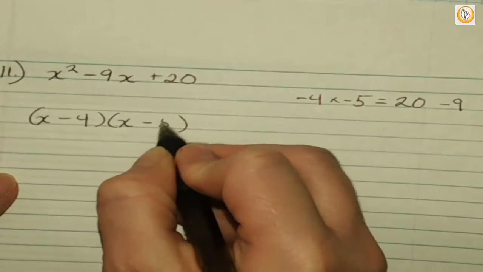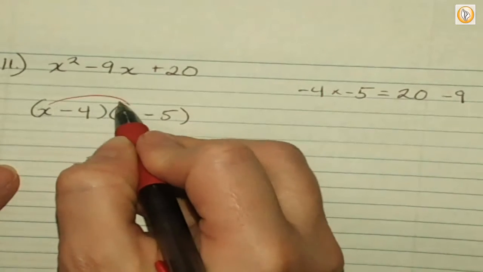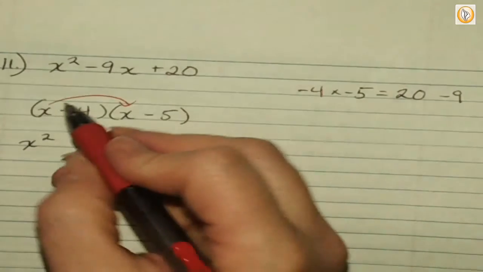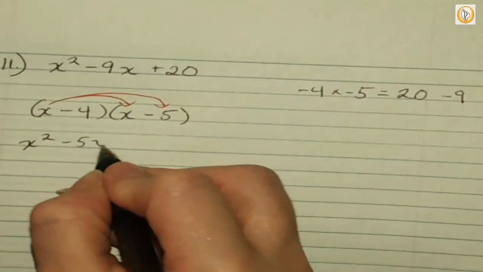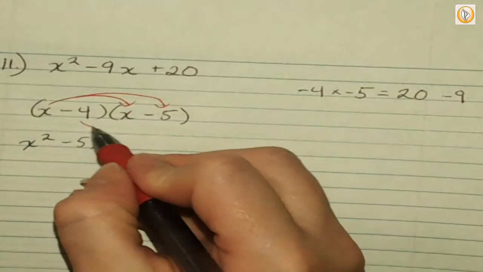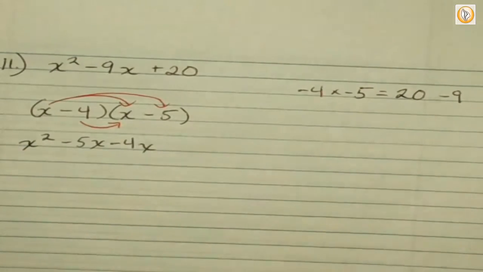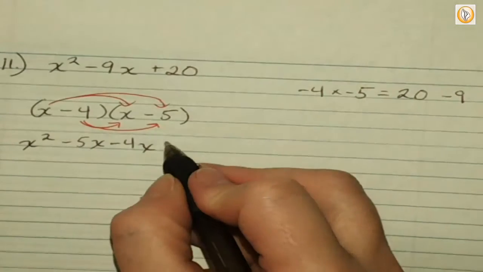-4 and -5. So then we check. X squared, -5x, -4x, and then +20.